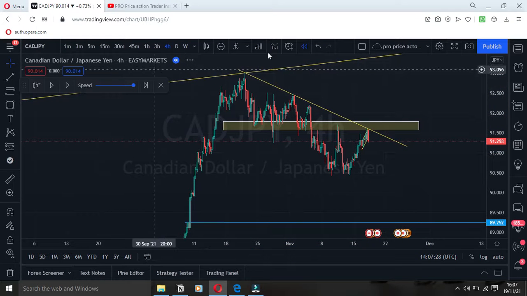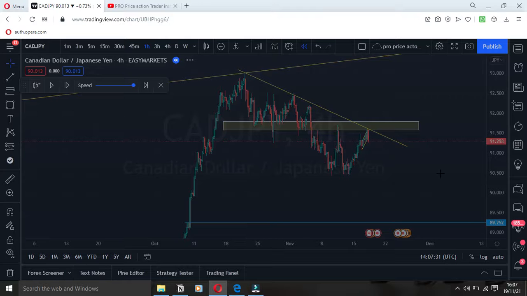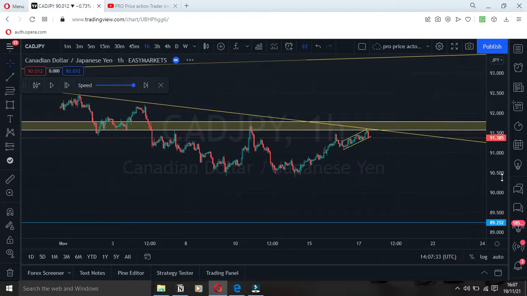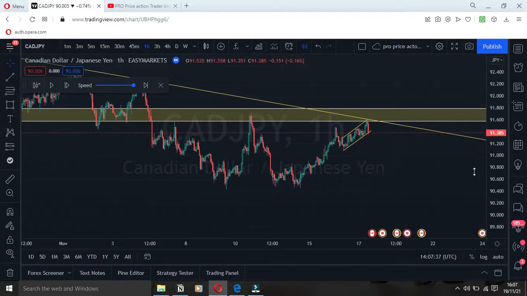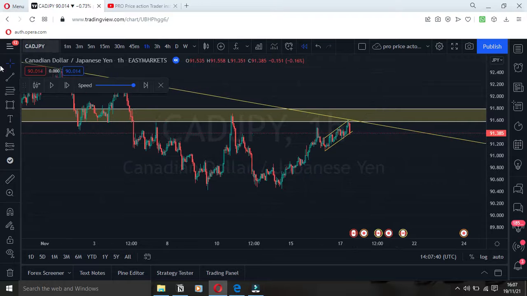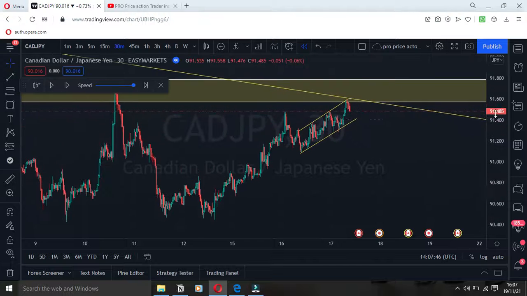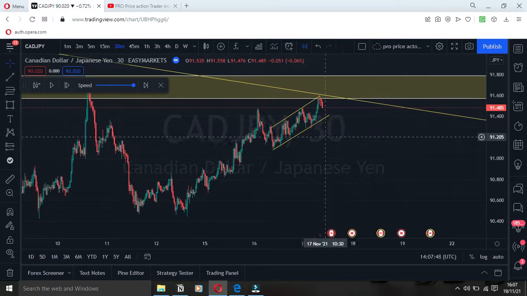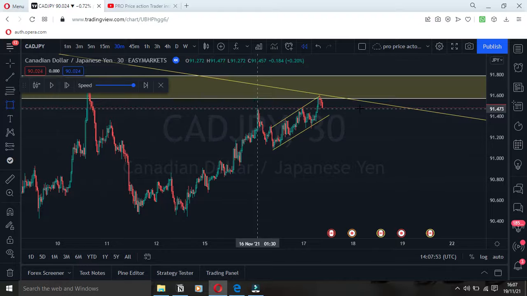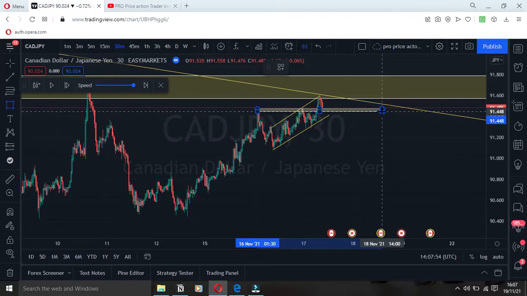You can see that is our structure. Let's see what is happening now. I've anticipated my trades around this area, so I think this is the right level that I entered the trade, if I'm not mistaken.